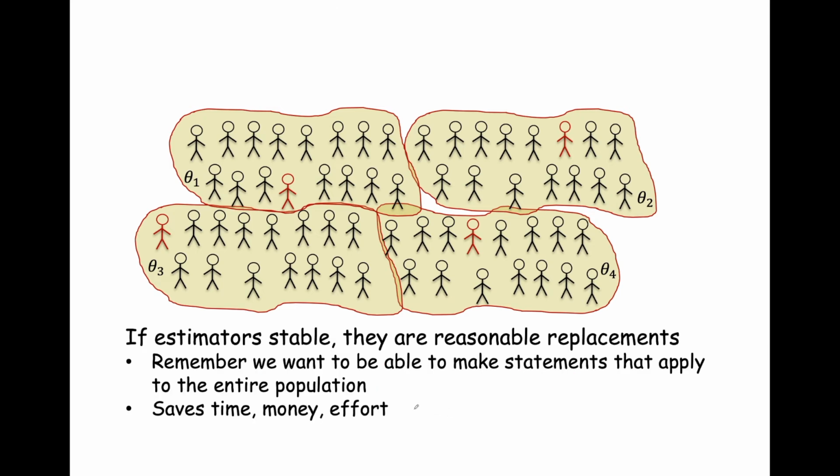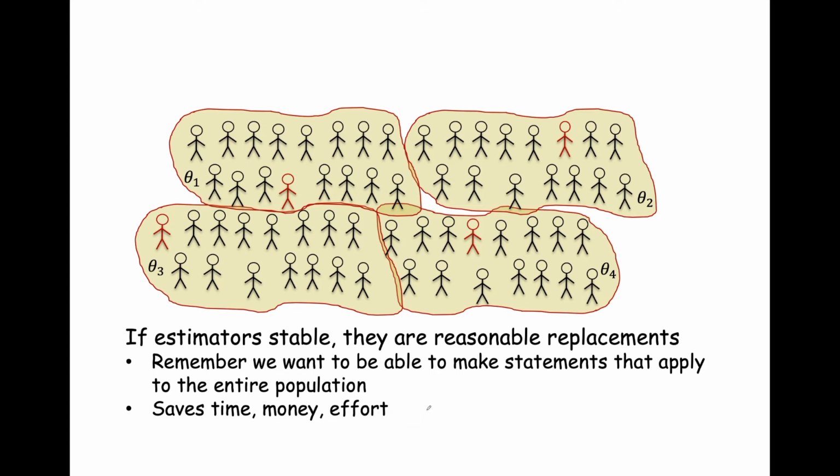That means if these estimators are stable, they're reasonable replacements, both unbiased and consistent. Remember, we want to be able to make statements using these estimators, things we do know from the data, that hopefully apply to this unknown population.